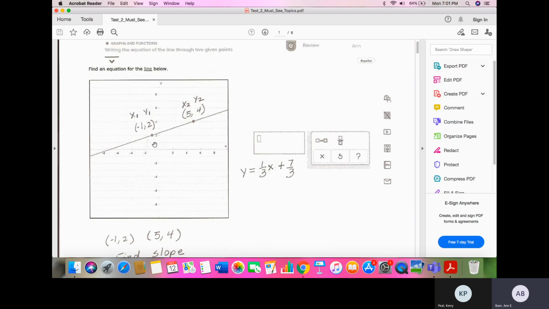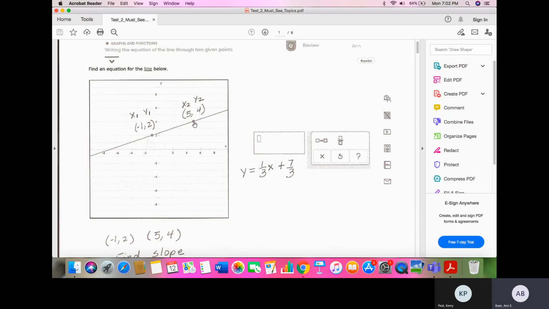So if I want to get the X coordinate of this point, we just go straight down to the X axis, and looks like it is at -1. If we want to get the Y coordinate of this point, we go straight over to the Y axis, and it seems like it is at 2.